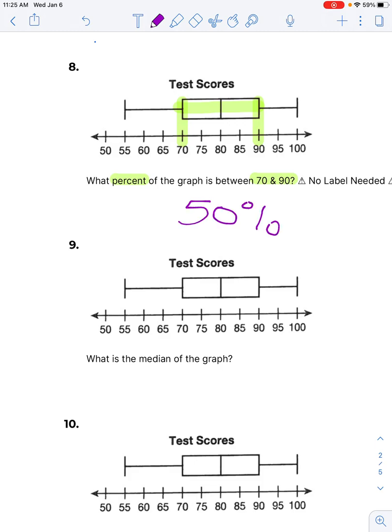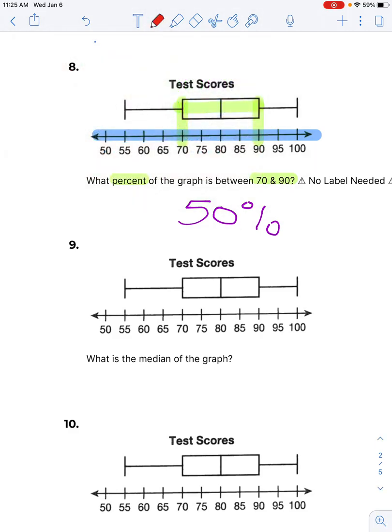Another interesting question that came up today, I just wanted to clarify this. All box and whisker graphs have a number line. This number line, as you can see over here from left to right, is not the data in the data set. In a box and whisker, we don't know all the numbers. This is just a generic number line so that we can easily identify the places on this box and whisker.